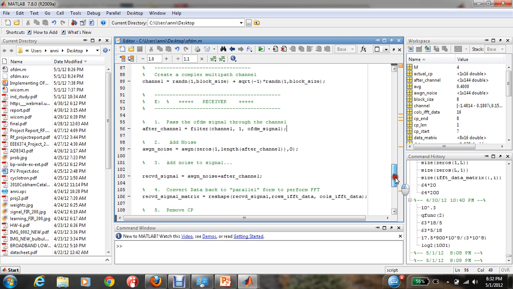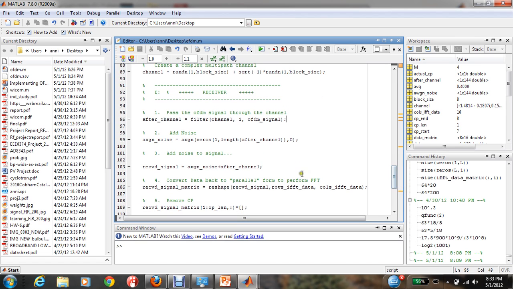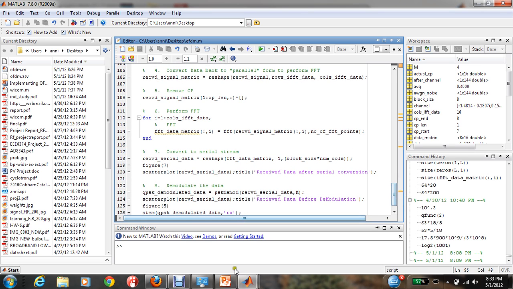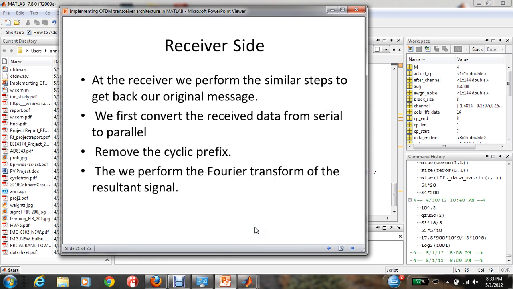So this is where the channel is established, and then we will show the receiver side of the data. This code shows the receiver side of the data. At the receiver side, we perform similar steps to receive our original data. We first convert the received serial data to parallel, we remove the cyclic prefix, and then we perform the Fourier transform of the resultant signal.